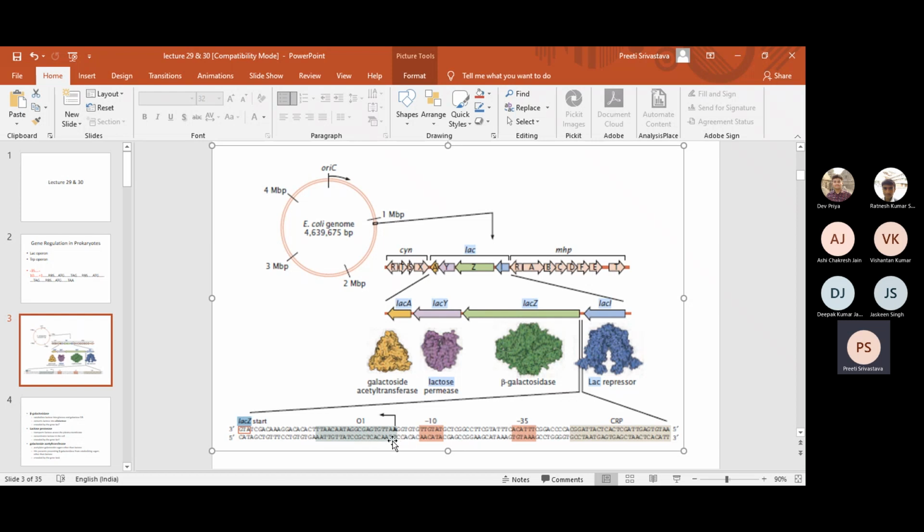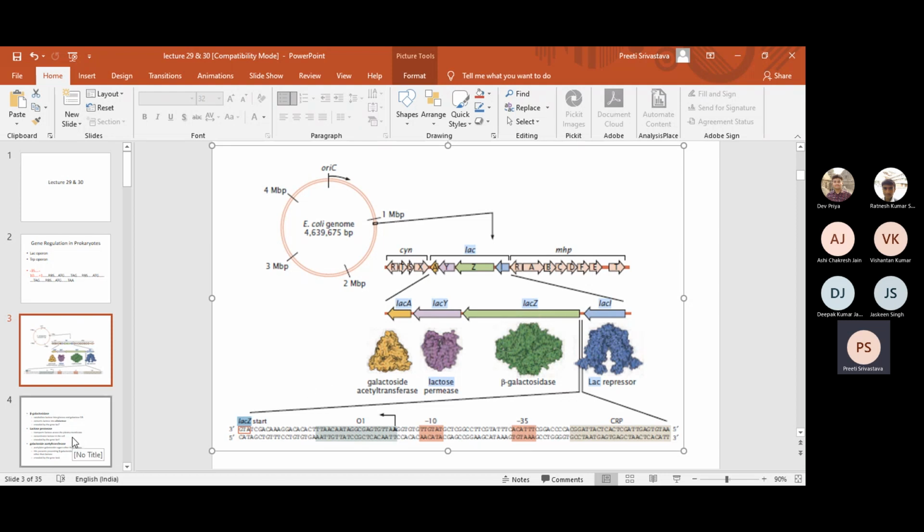In fact, in the lac operon there is one operator present internal to lacZ as well. So operator sequences onto which the regulatory proteins bind can be part of the promoter, and they can be part of the open reading frame as well.